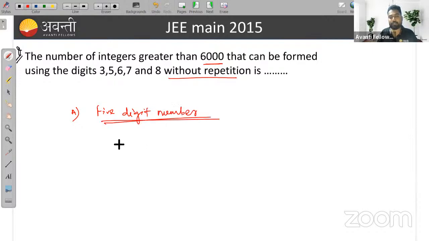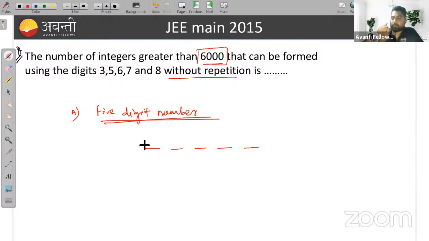So what will the answer be, the number of ways? Suppose 5 digits, that means we have 5 places. Each and every 5-digit number will be greater than 6,000. It is very simple.